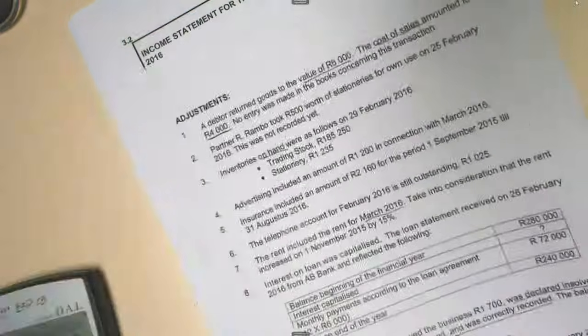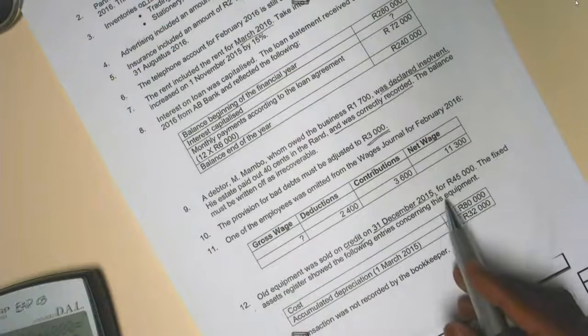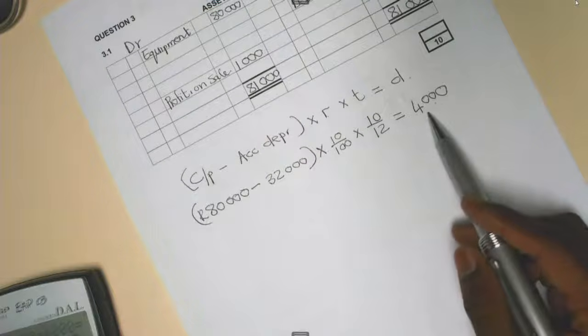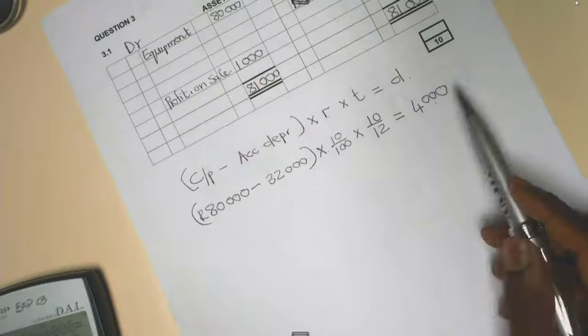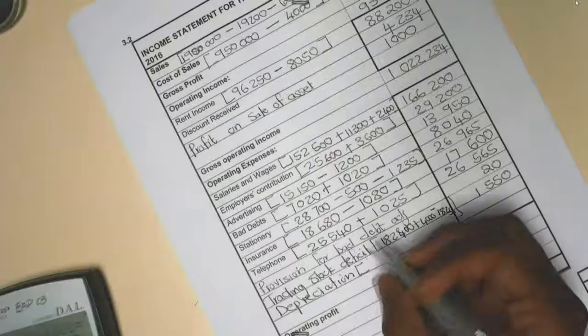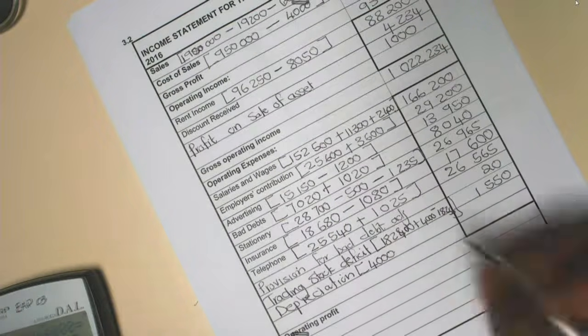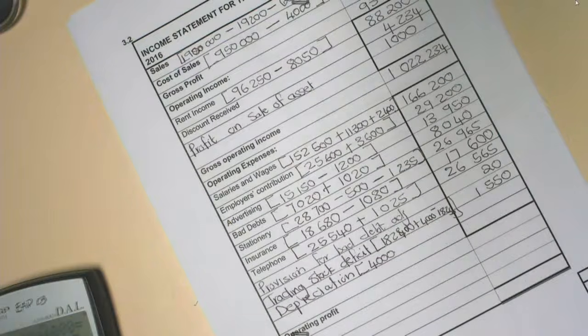If we can still remember adjustment number 12, the depreciation we worked out here, which amounted to 4,000. You still remember that one? We will then slot it in here as 4,000 as the depreciation we worked out for this year.